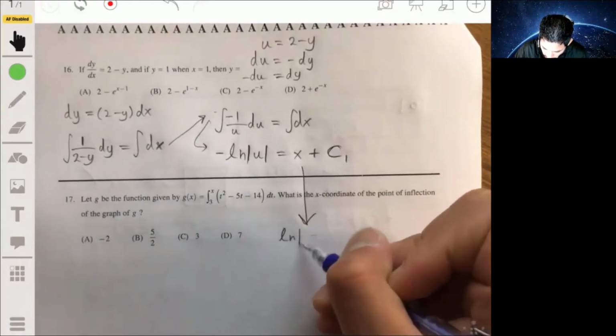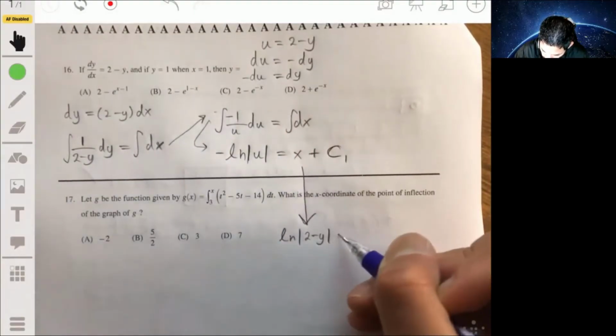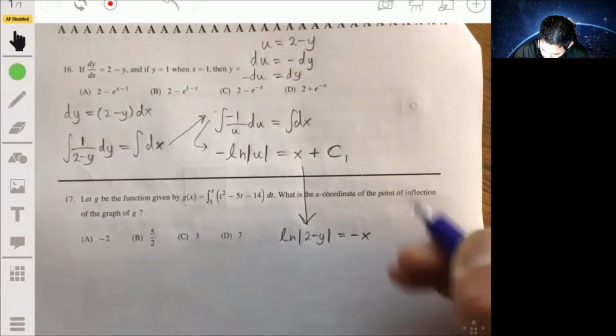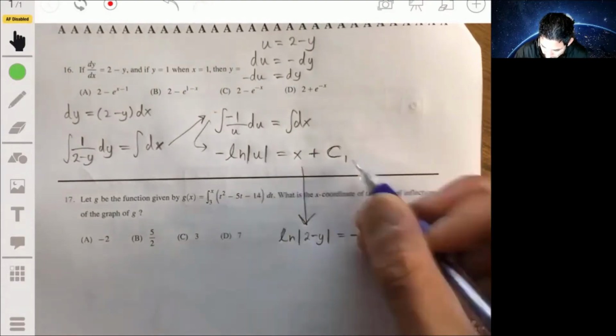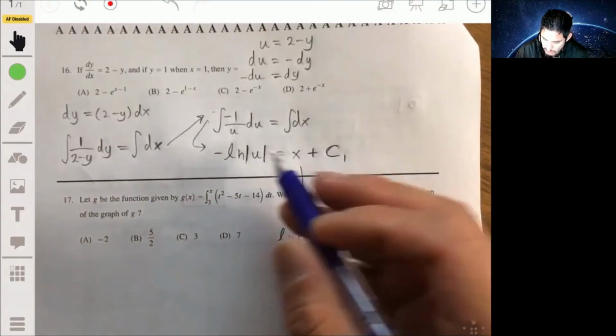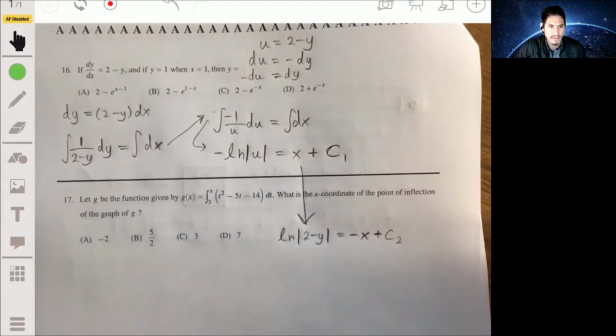So let's have the natural log of, replacing the u with 2 minus y, is equal to negative x. Now let's just call that c1 a different constant so we don't have to do minus it, so we'll just do plus c2, because multiplying by negative 1 would technically change c1, so we call it c2.